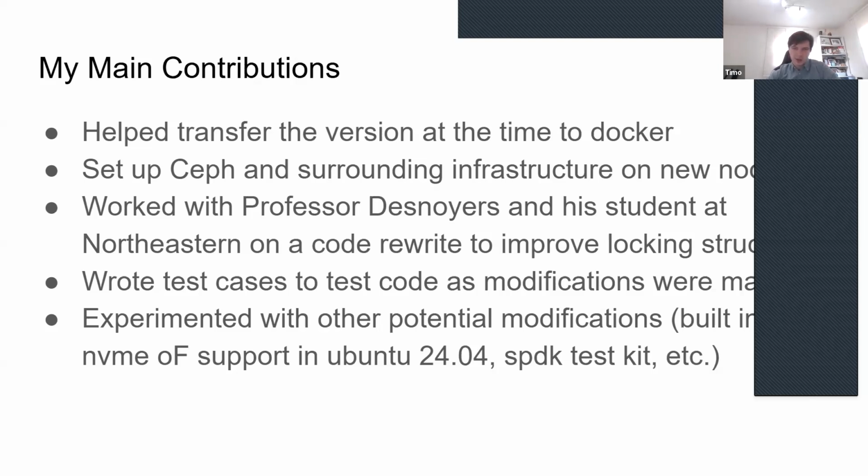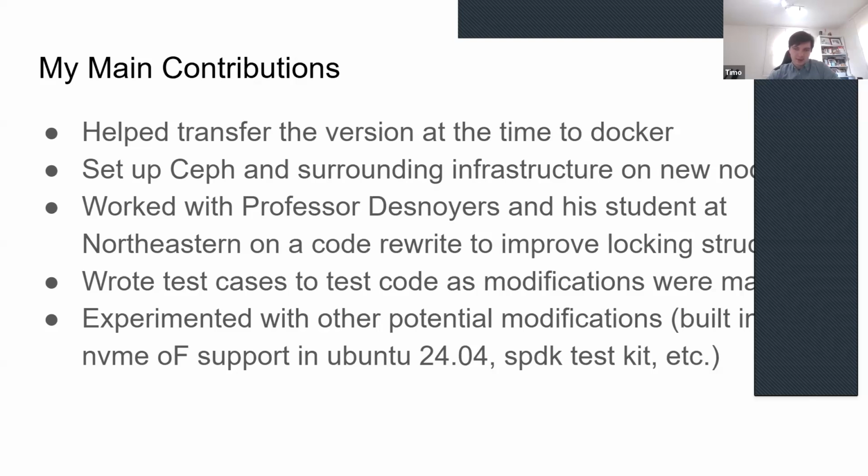I was helping throughout the process to maintain the nodes themselves so that they are able to run the LSVD code and we were able to get results. I got practice both in understanding the LSVD code, helping in parts of the rewrite, and actually doing the testing for the code itself.